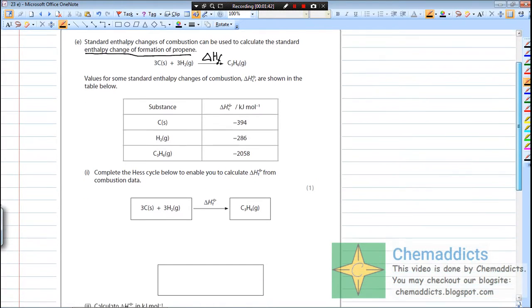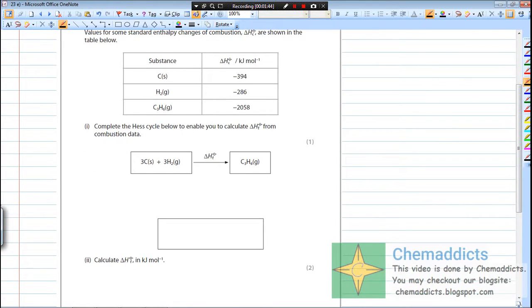One part of the Hess's cycle is given: the standard enthalpy change of formation, since 1 mole of this substance is formed from the required amount of elements.